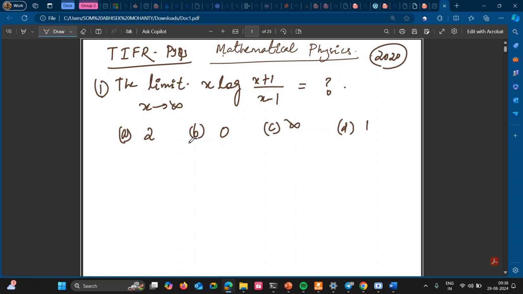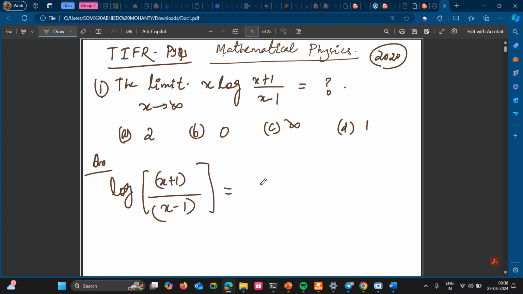These are very typical questions. You won't be able to solve it if you just sit and try to solve it directly. There is a different way: you have to directly use the formula, which you have to remember. log((x plus 1) divided by (x minus 1)) has an expansion: 2 times (1 by x plus 1 by 3x cube plus 1 by 5x to the power 5, and it goes on like that).